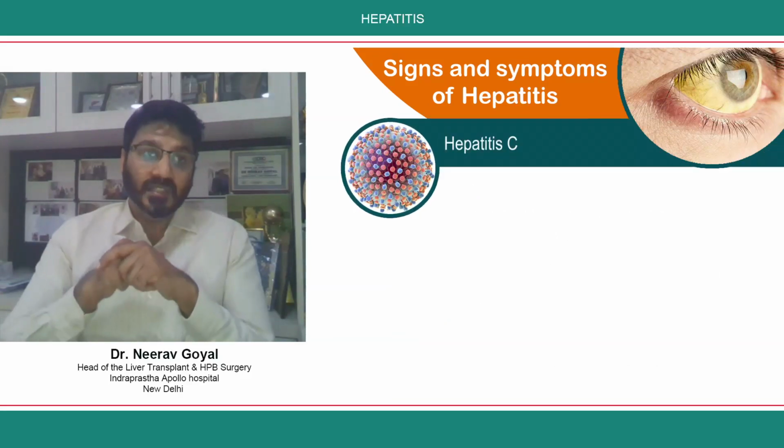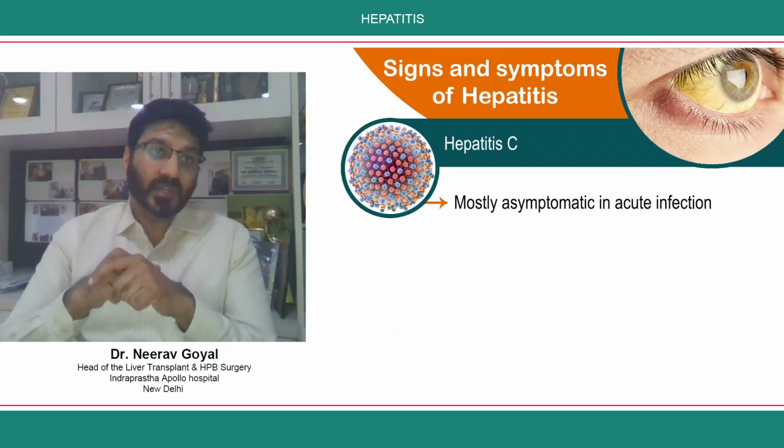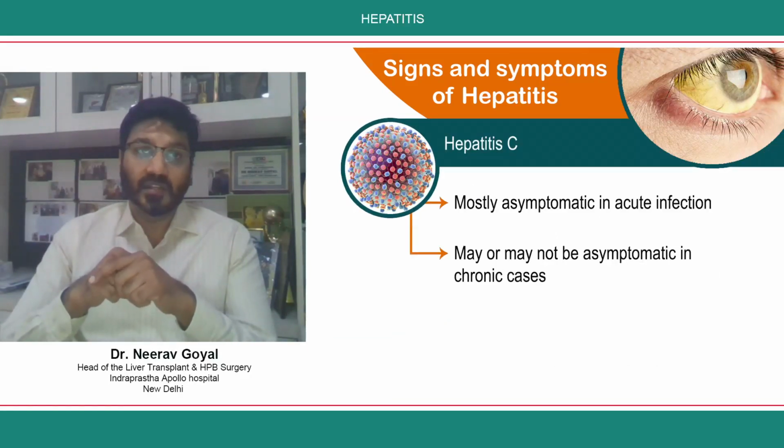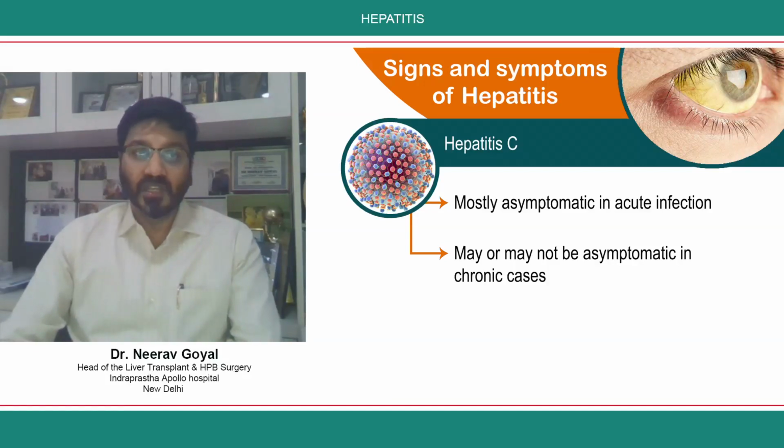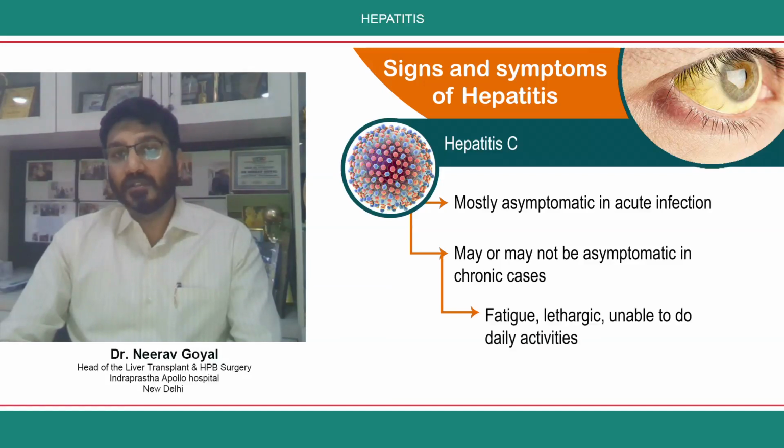Then coming to hepatitis C, most cases of acute hepatitis C infection are asymptomatic. Even when it is symptomatic, acute hepatitis C viral infection tends to follow a mild course. In chronic hepatitis C, patients may or may not be symptomatic, with fatigue being the predominant reported symptom.